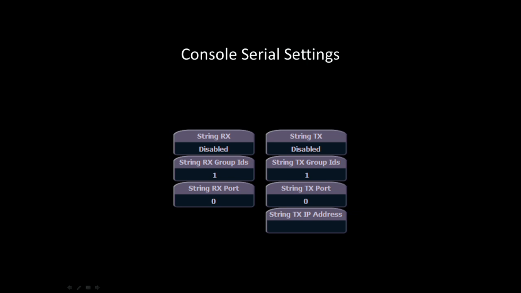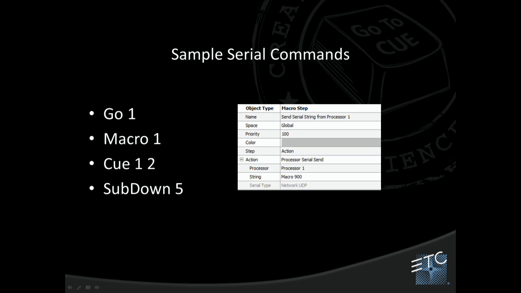One of the options that we have for different types of commands that we could send are go1, macro. We could send a fire command, so Q1, 2, that would be QList1, Q2, or subdown 5. One of the options, though, that we give you now is to do this all via an iPad or maybe via UDP. So there's different apps available on the market that allow you to actually control a device using UDP.